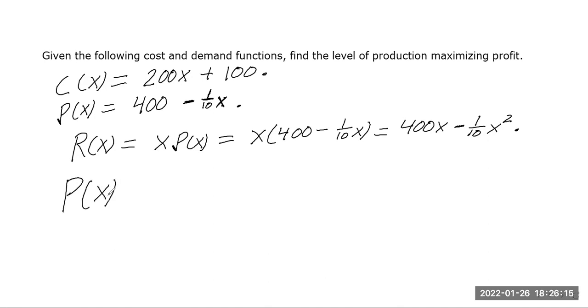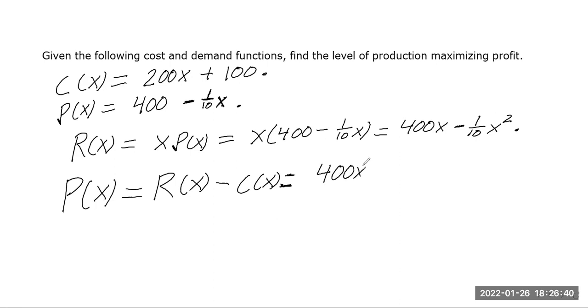Now this capital P function is our profit function. And what we have to remember always is that by definition, profit is revenue minus cost. Keeping that in mind, we just replace these functions into this formula.